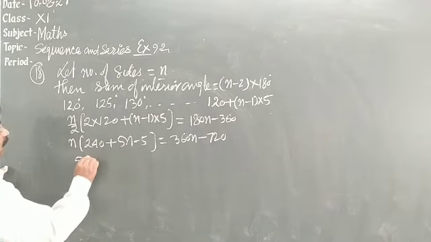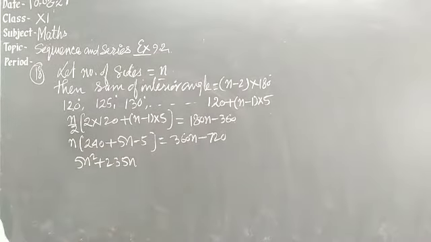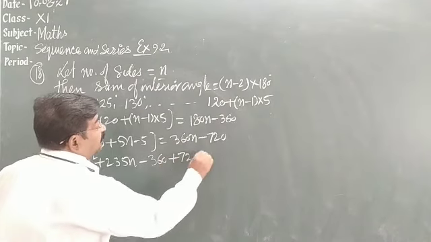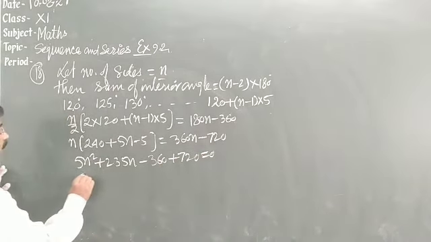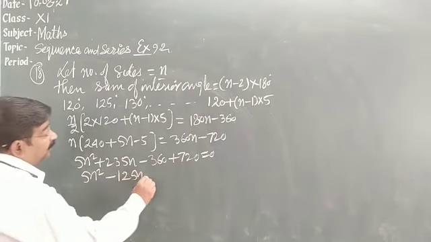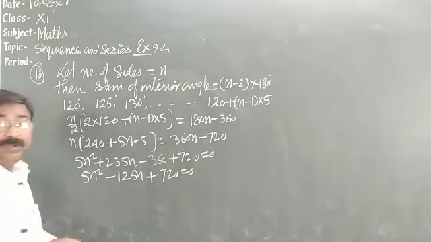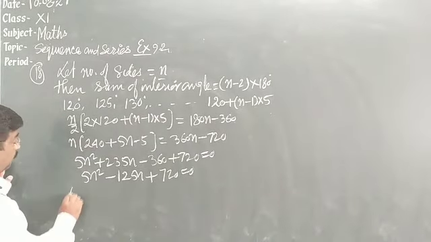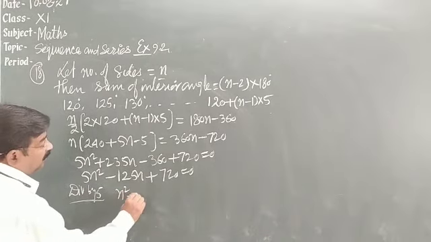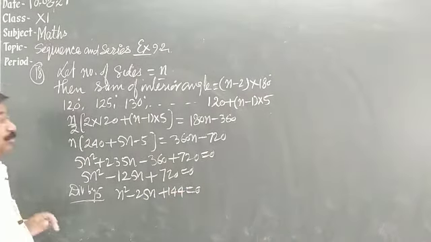What we have? 5n square plus 235n. Why? 240 minus 5. Bring this: minus 360n plus 720 is equal to 0. This is 5n square minus 125n plus 720 equal to 0. Divide this by 5. So we have n square minus 25n plus 144 equal to 0.